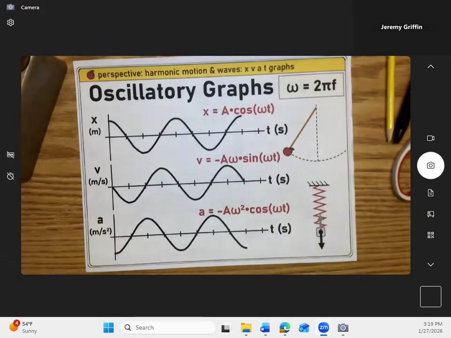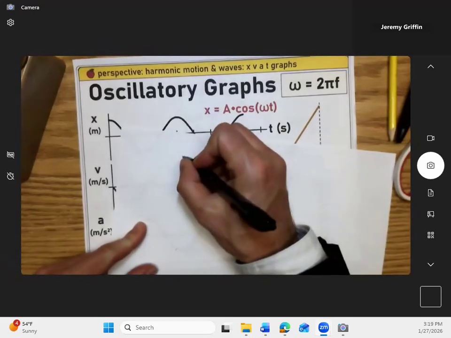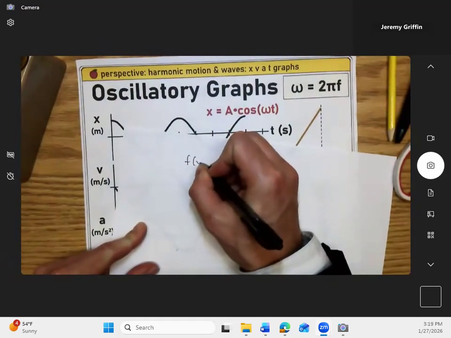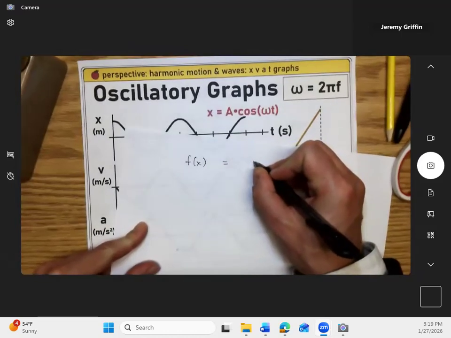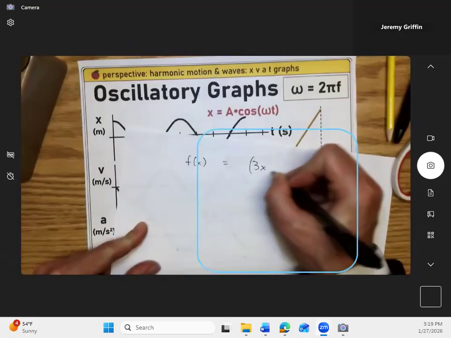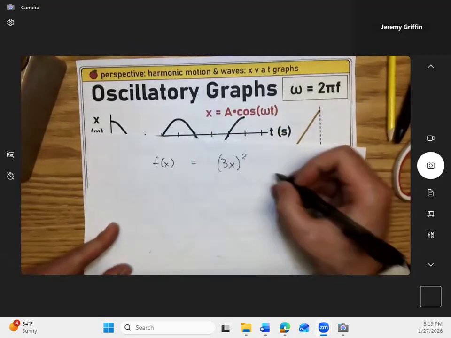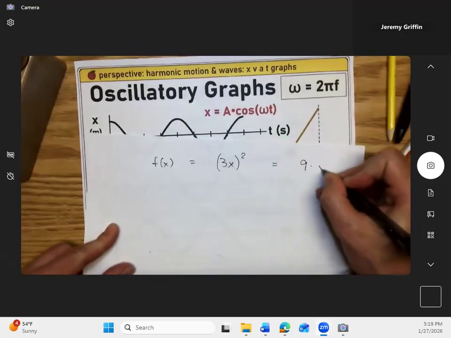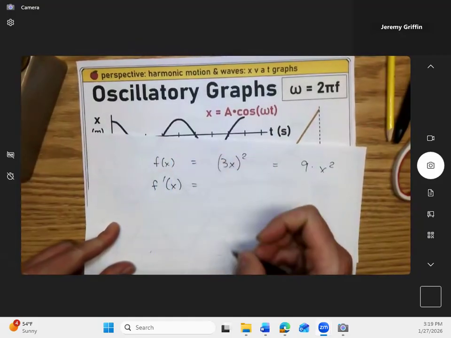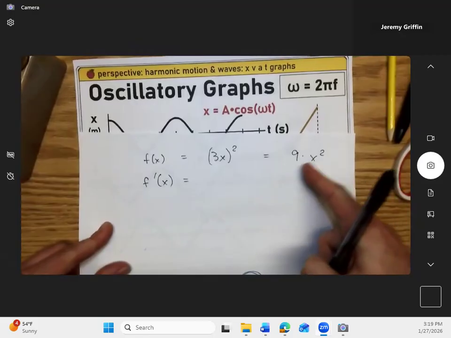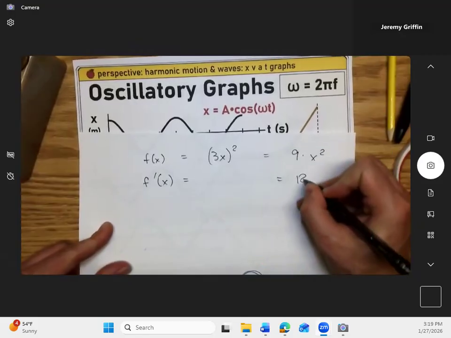Hold on. Here, we'll do a little side thought. Guys, what if f of x is equal to 3x, let's square the whole thing. 3x quantity squared, which is equal to, of course, 9 times x squared. Let's say we take the derivative. Let's do f prime. Now this one, can you just pull the 2 down and say 18x? Right?